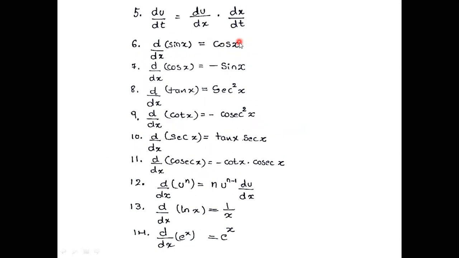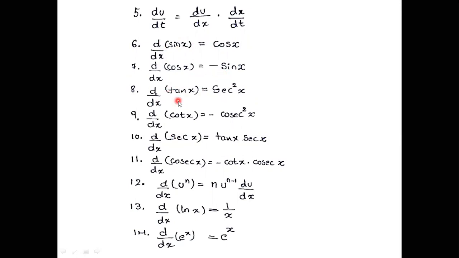Next, what happens when the differentiation concept is applied to the trigonometric functions? Okay, these are some standard values. You should remember these. Differentiation of sin x is cos x. Similarly, the differentiation of cos x will be equal to minus sin x.